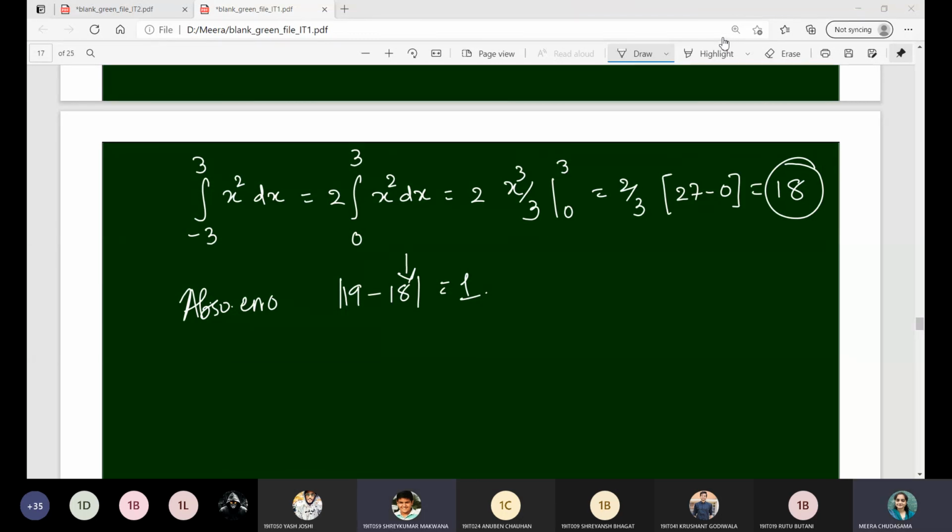Ma'am, can you increase the time for MCQ submission till 9:30? 5 minutes more. Why? MCQ में मैम फिर भी 15 मिनट कम लगते हैं. 15 मिनट क्यों कम लगेंगे? There are only 8 number of questions. Still मैम.